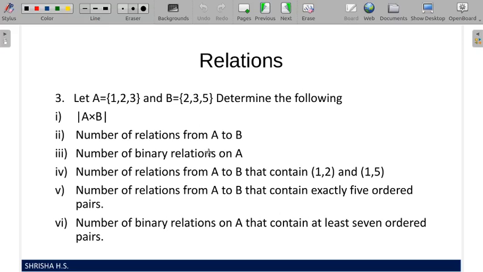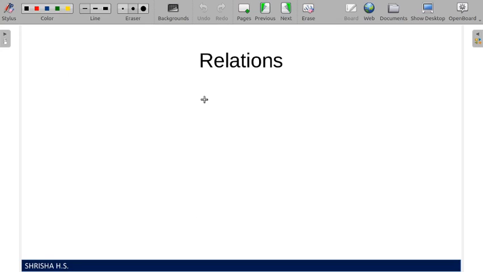So the fourth one: the number of relations from A to B that contain ordered pair 1 comma 2 and ordered pair 1 comma 5. We make note that there are 3 and 3 elements in the A and B sets. Let's assume there is no constraint. When we did not have any constraint, it was 2 to the power of 9 subsets possible. Now observe, 1 comma 2 and 1 comma 5 are set, they are to be there.